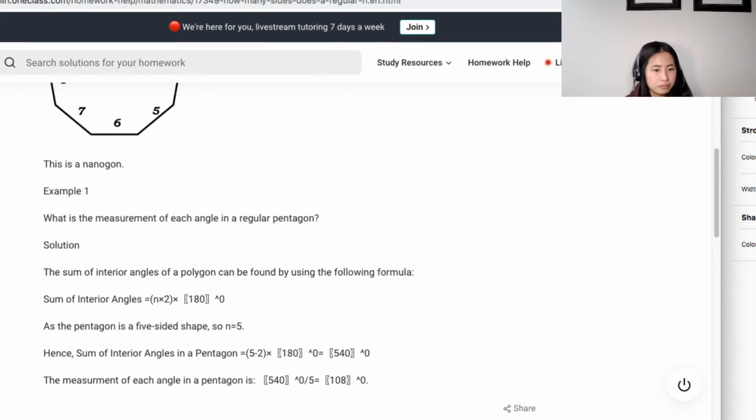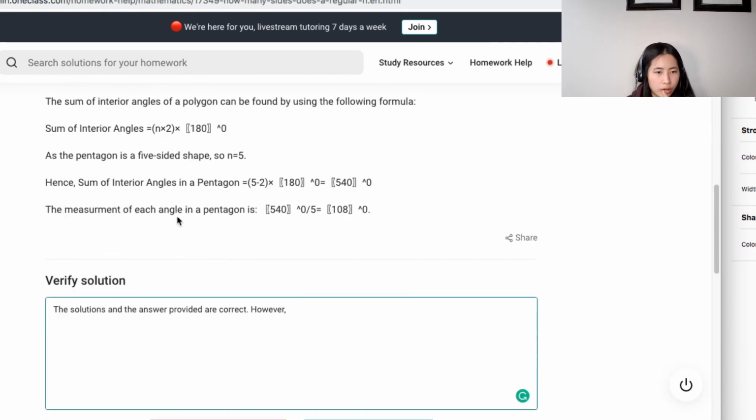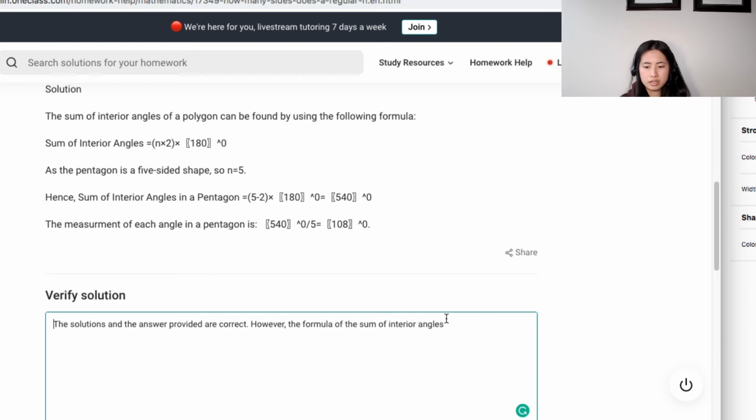However, what is the measurement of each angle in a regular polygon? The formula of the sum of interior angles is not n times 2.